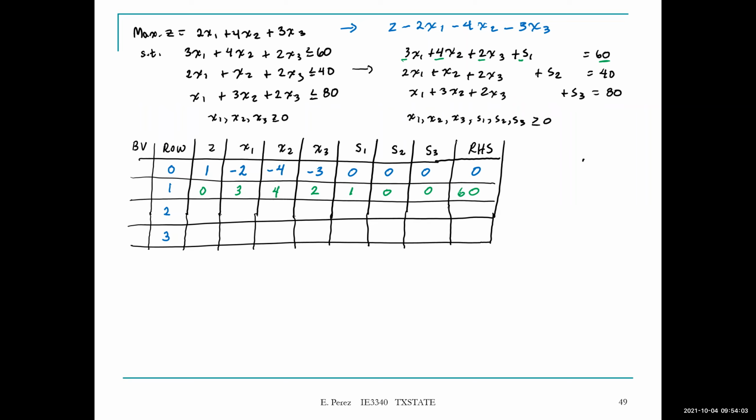And we do the same thing for constraint 2. These are the coefficients. So for Z, 0, for x1 is 2, 1, 2, 0, 1, 0, 4.